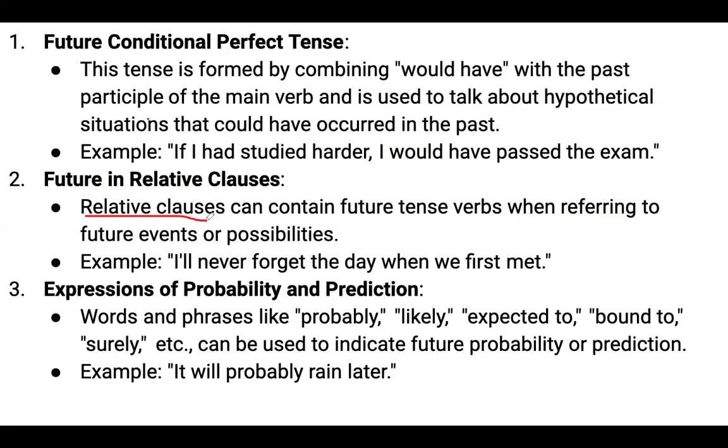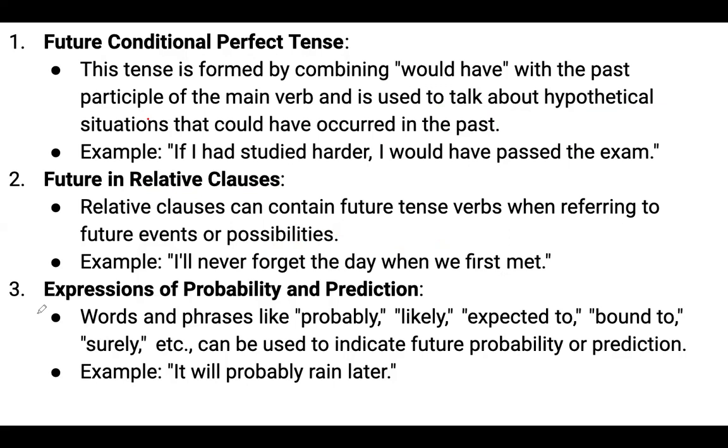They are clauses with words like when and where. For example: I will never forget the day when we first met. Here, "when" indicates a future event or possibility, since I will never forget in the future.